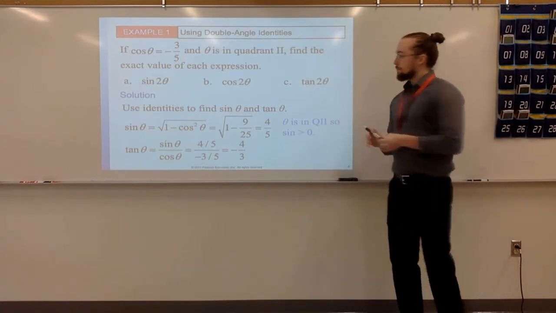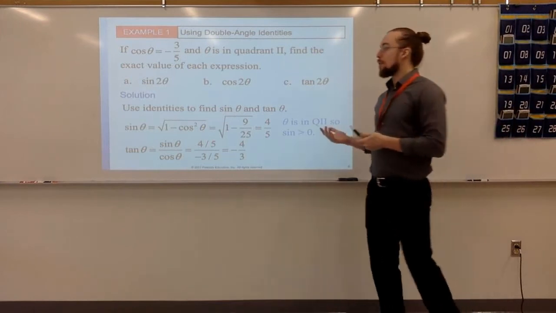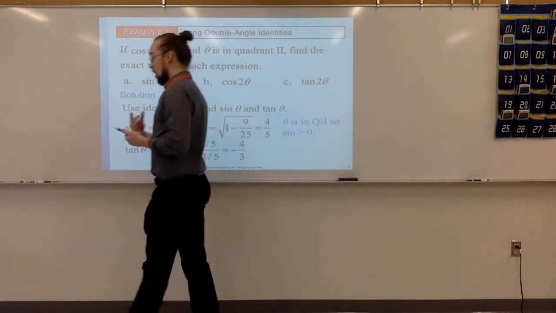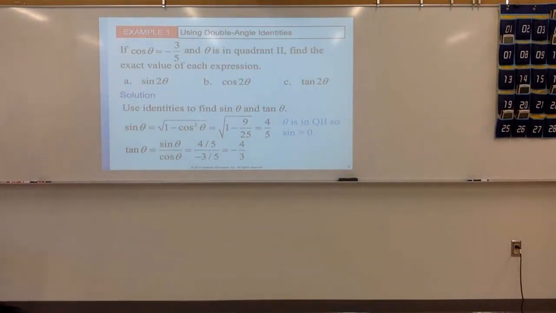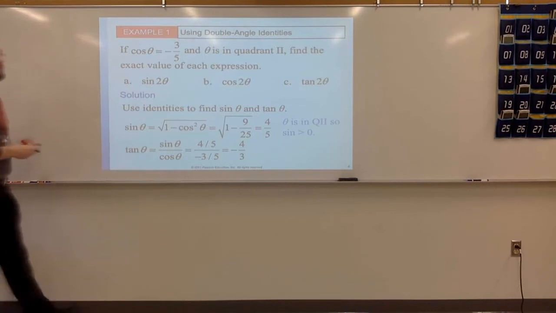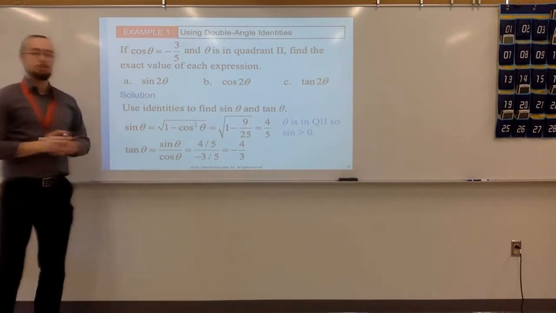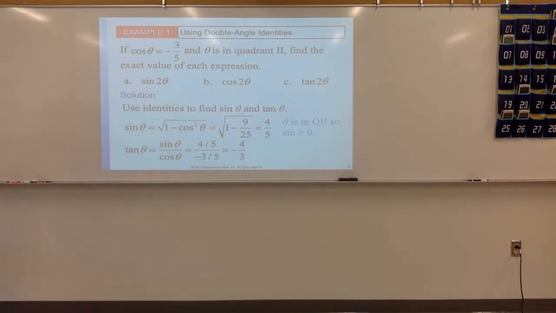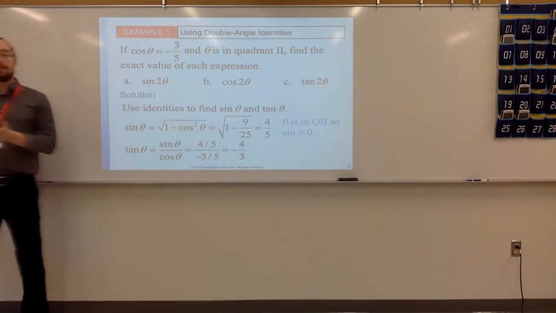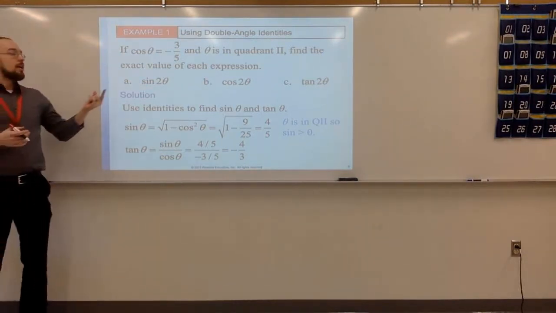Alright, so the double angle formulas are used to find exact values of double an angle that we know. For the previous section where we used the sum and difference formulas, those allowed us to find things like cosine of 15 degrees or sine of 75 degrees, angles that we didn't already have exact values for.